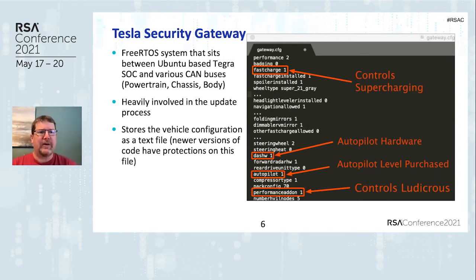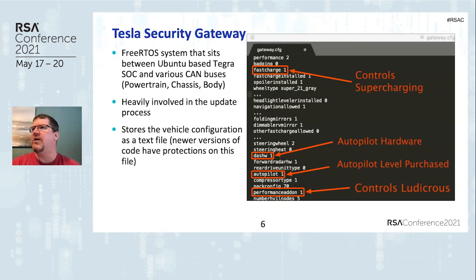And a really interesting thing about the security gateway is that it actually stores the configuration of the vehicle as a text file. Now, newer versions of this file actually have protections that prevent anyone from changing it, but on older versions of software, all you had to do is basically pull this file off the gateway, make some edits, and then upload it back again. So, for example, you can control ludicrous with the performance add-on in one line.